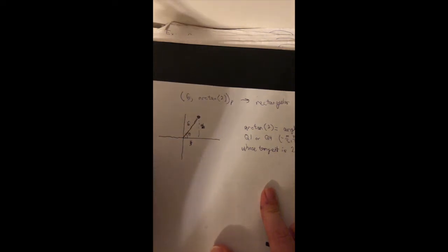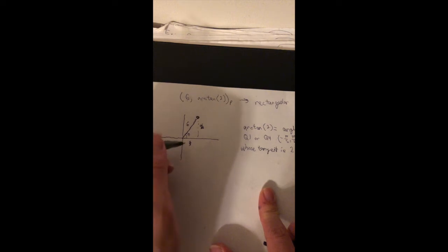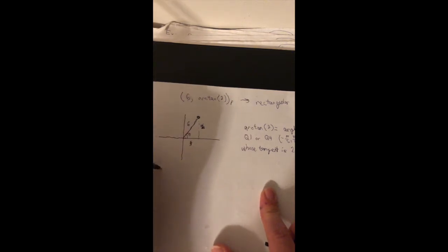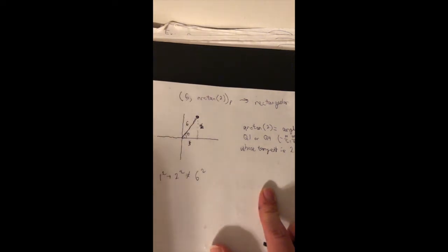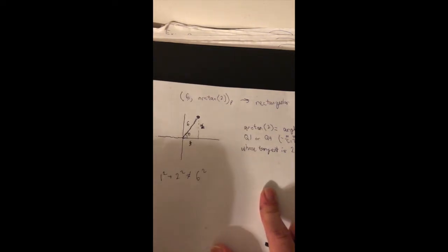Now, opposite over adjacent is 2 over 1, but I don't know exactly how long this is or how long that is. I don't know that this is 1 unit and this is 2 units. In fact, I can show you that's not the case, because 1 squared plus 2 squared, if I think about the Pythagorean theorem, obviously does not work. But what can I say instead?